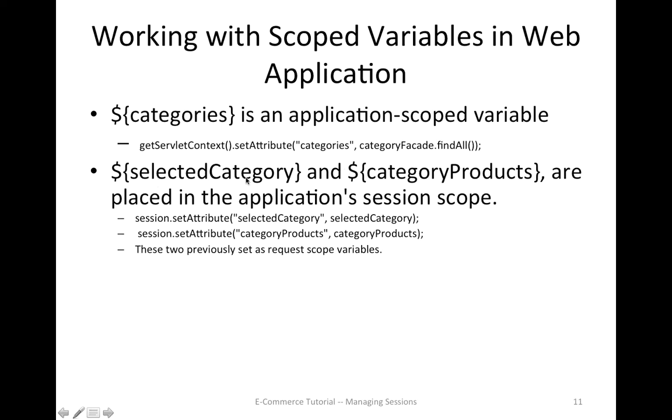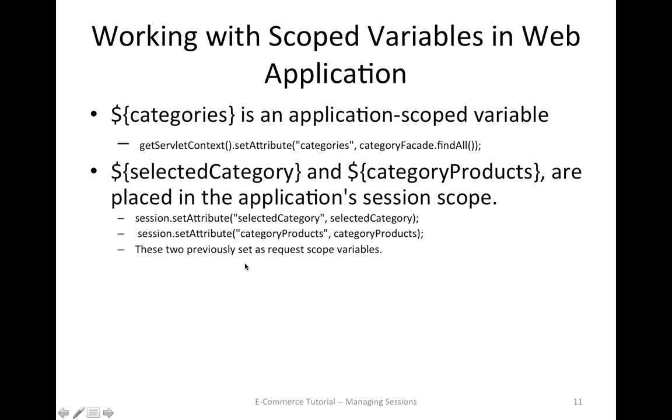Now selectedCategory and categoryProducts are placed in the application's session scope. How do you know it's session scope? Because you will see the code session.setAttribute selectedCategory, or session.setAttribute categoryProducts. Those two were previously set as request scope variables.